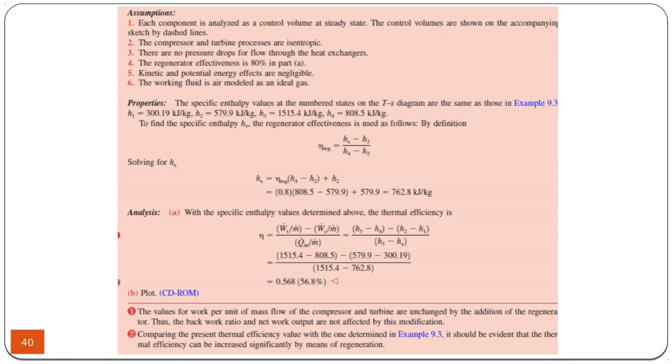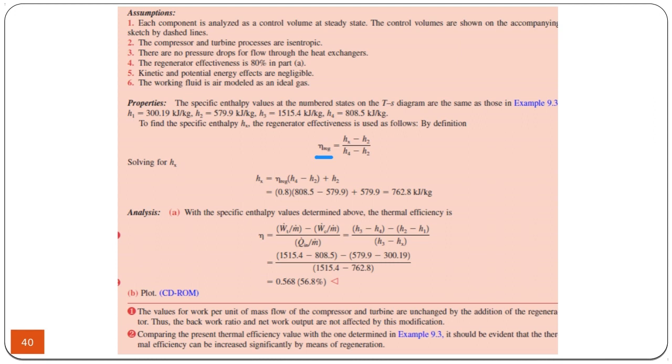So we are now writing the equation of the regenerator. It's (Hx minus H2) divided by (H4 minus H2). We are given the effectiveness of the regenerator so that we can calculate the enthalpy at the exit of the regenerator.